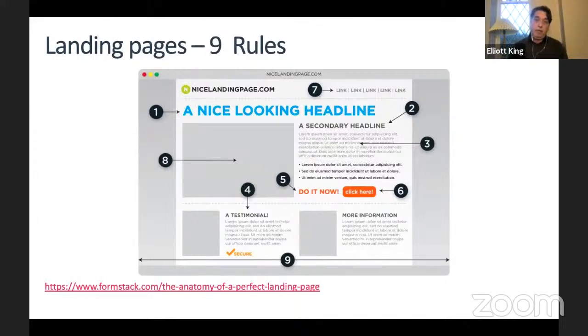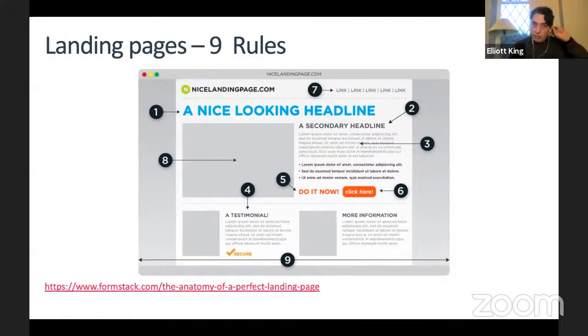So if we're running an ad campaign that's sending 100 people to this landing page, and we get our audience targeting right, we get the messaging right, so we get 100 people to actually click on the ad, then we now want to maximize the number of people who, in the case of this diagram, click the orange click here button, because that's what we're trying to get them to do.